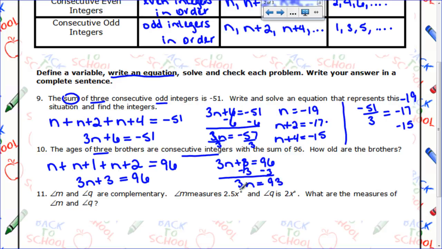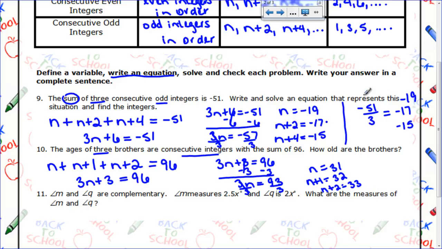And then I will divide by 3 on both sides. When I divide by 3, I get that n is equal to 31. So the first brother is 31. The second brother is 32. And the third brother is 33. And so now I know how old all the brothers are.